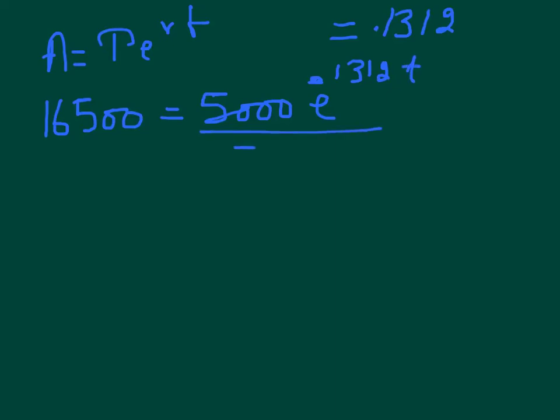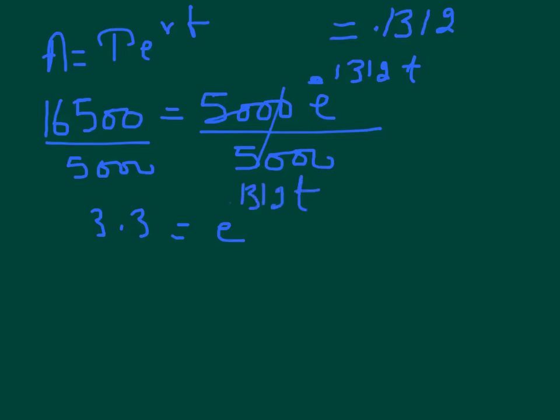I want you to divide by 5,000. And then what you end up with is 3.3 is equal to e to the 0.1312t. ln 3.3 is going to give you 0.1312t.